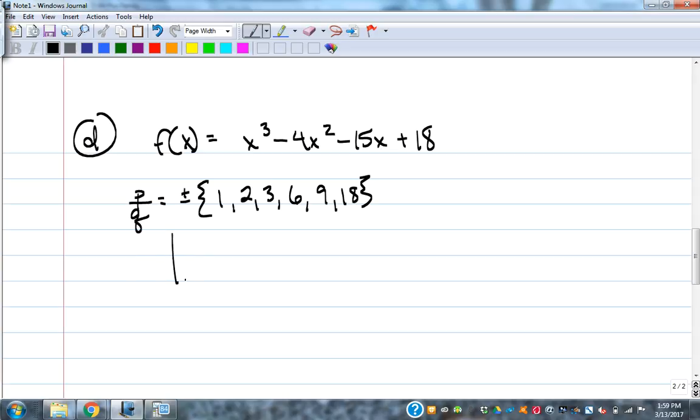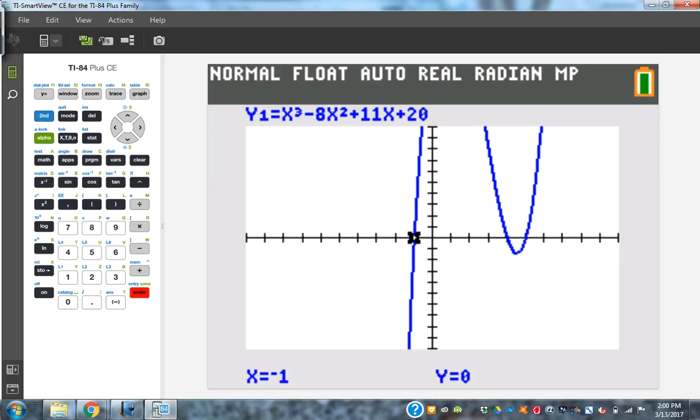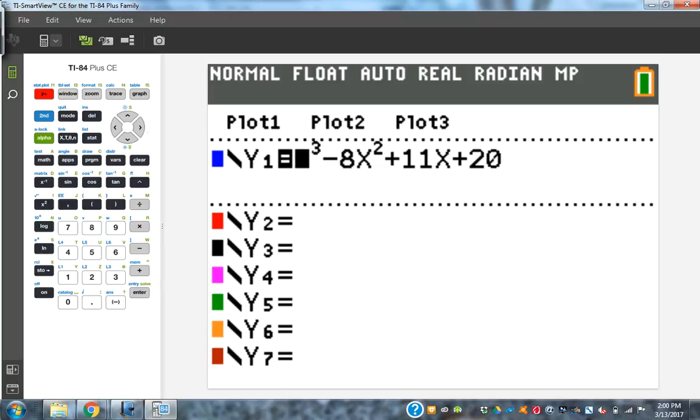I need to find one of those that works so that I can use it in synthetic division. How do I find one that works? Graph it. Graph that polynomial. See where it crosses the x-axis or touches the x-axis. Okay. We'll go to y equals.